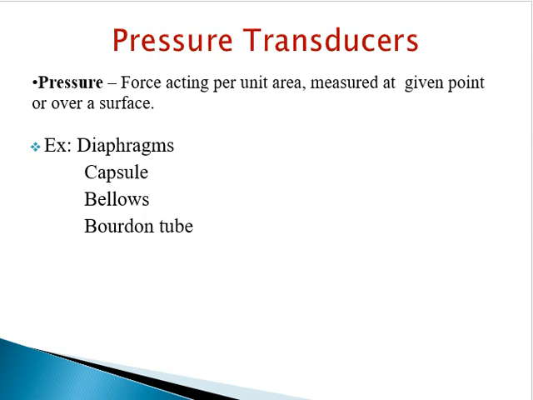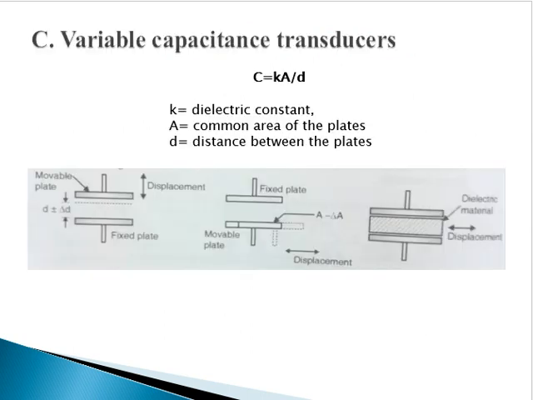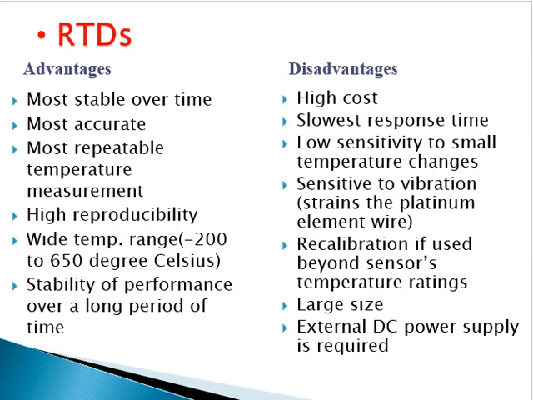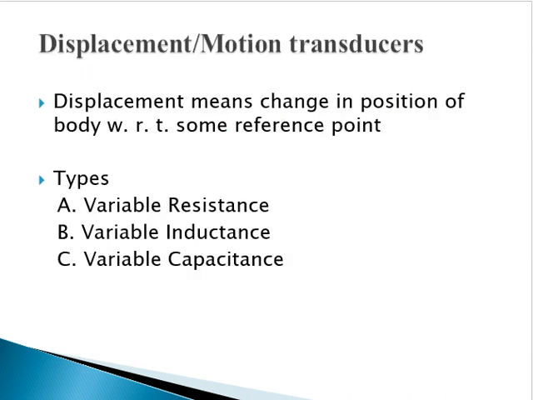Talking about the previous lecture, what we have done, we have completed displacement transducers, which are also called motion transducers. We have seen various displacement transducers like variable resistance, variable inductance and variable capacitance.